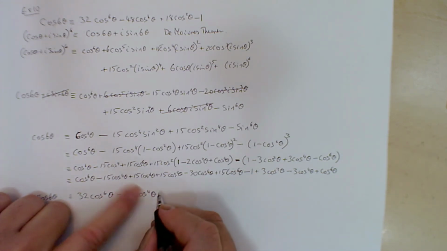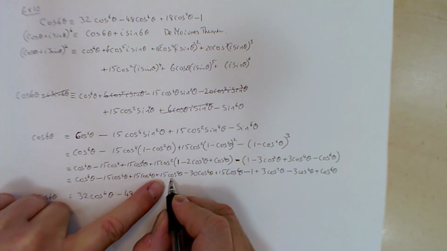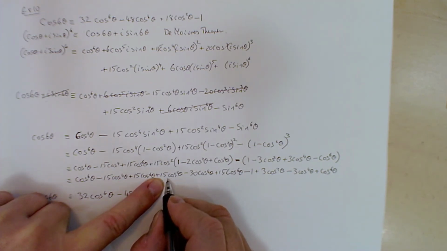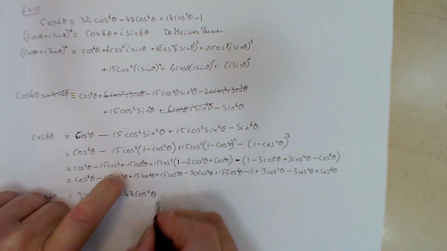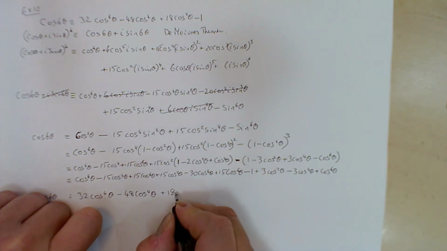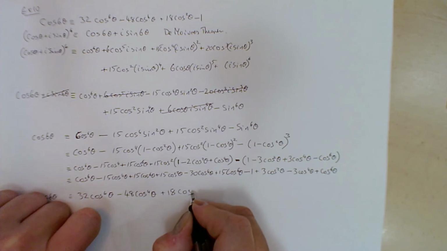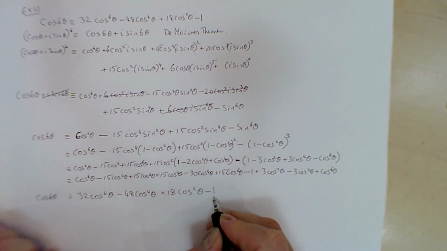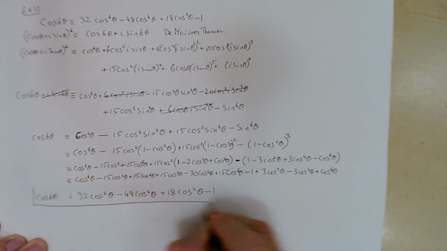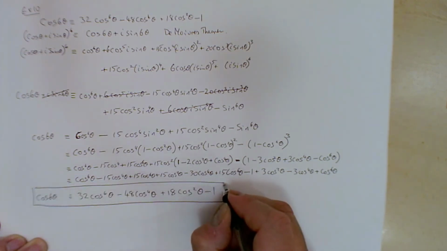Then it's looking at powers of 2: plus 15, plus 3 gives us plus 18 cos to the power of 2 theta. And finally we've got our nice little minus 1 there, and there is what we were asked to show.